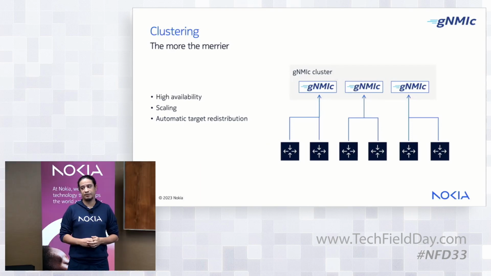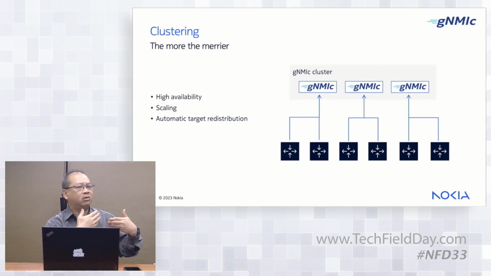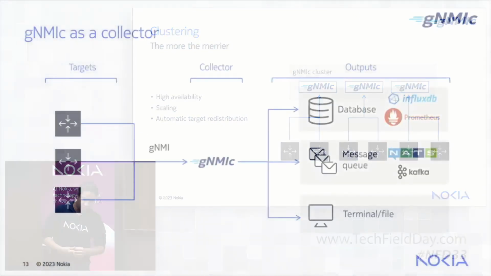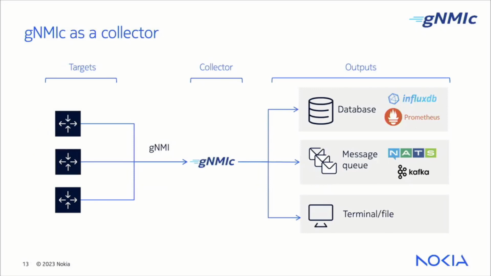And then when you do that, how do you maintain consistency with the time aspect of returns? What you can do is have more than one gNMIc connected to your routers, collecting the same data, and only one of those gNMICs will write to the output. They will basically compete for a lock.